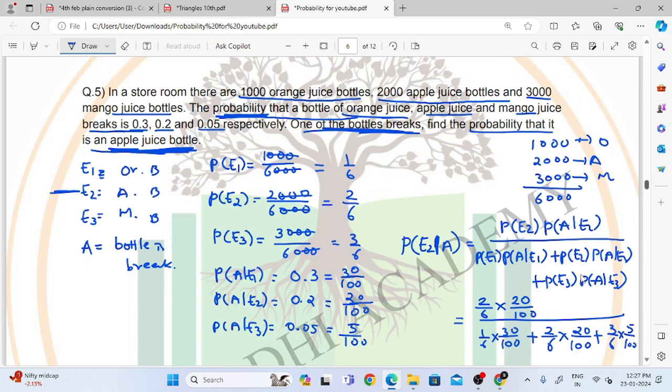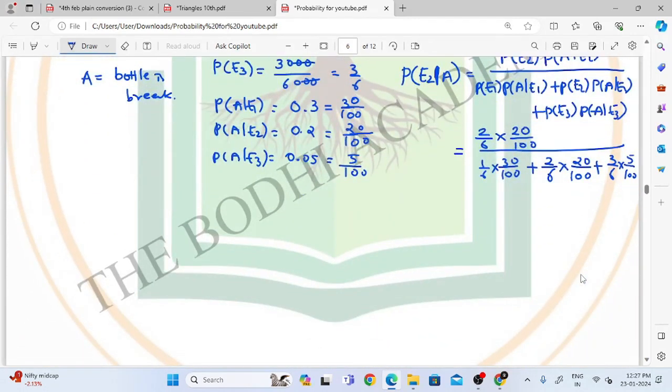Okay. If you keep the denominator equal, then the solution becomes easy. So in the numerator, 2 into 20, that is 40 upon 6 into 100, that is 600. Now look at the denominator: 6 into 100, 6 into 100, 6 into 100, that is 600 in the denominator, and add the numerator. So 1 into 30, that is 30, plus 2 into 20, that is 40, plus 3 into 5, that is 15.